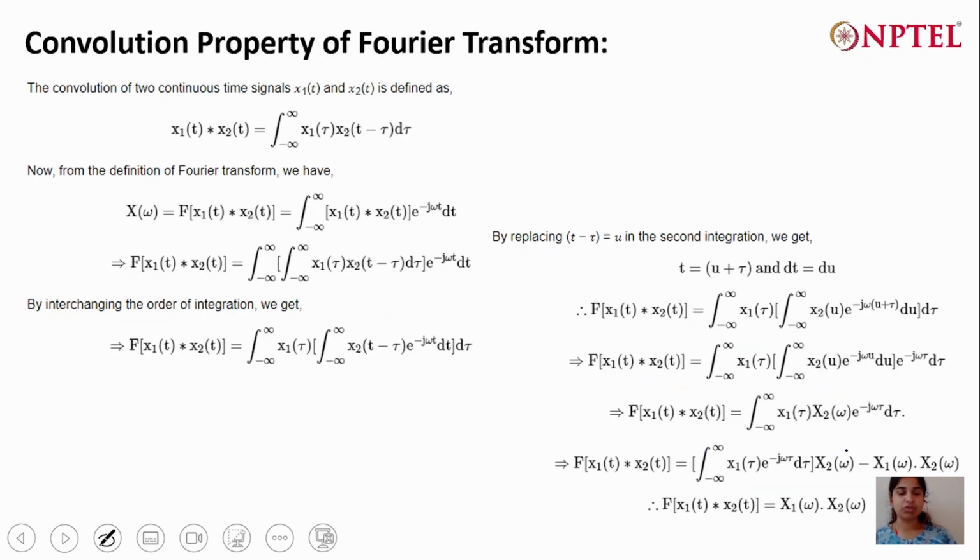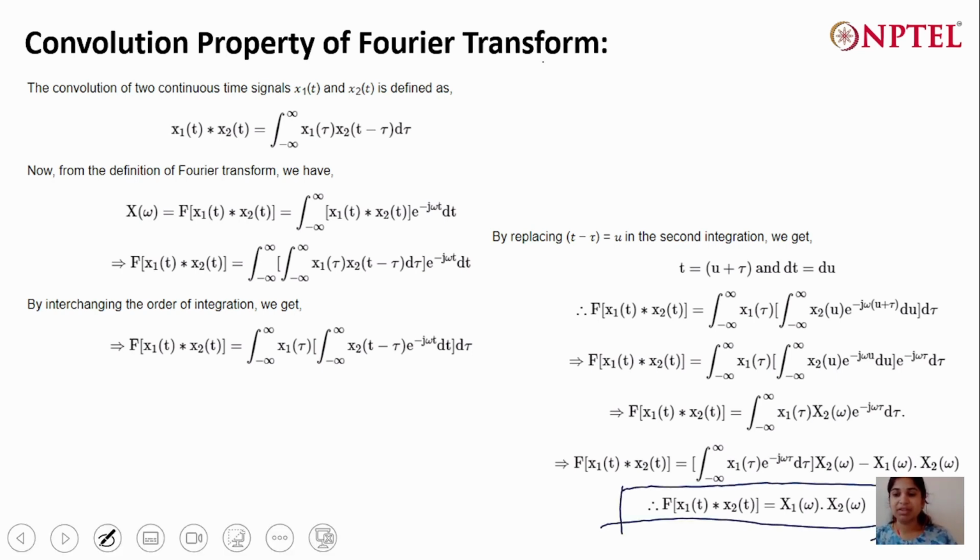So the explanation for this convolution property is given here. Basically we start with x1 of t convolved with x2 of t. You write the formula for convolution, then do some variable translation, and we can get to the answer. So you guys can check this out.